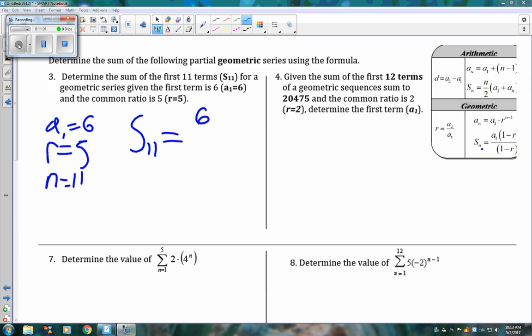It's 1 minus R, with R to the nth power. This one is 1 minus 5.